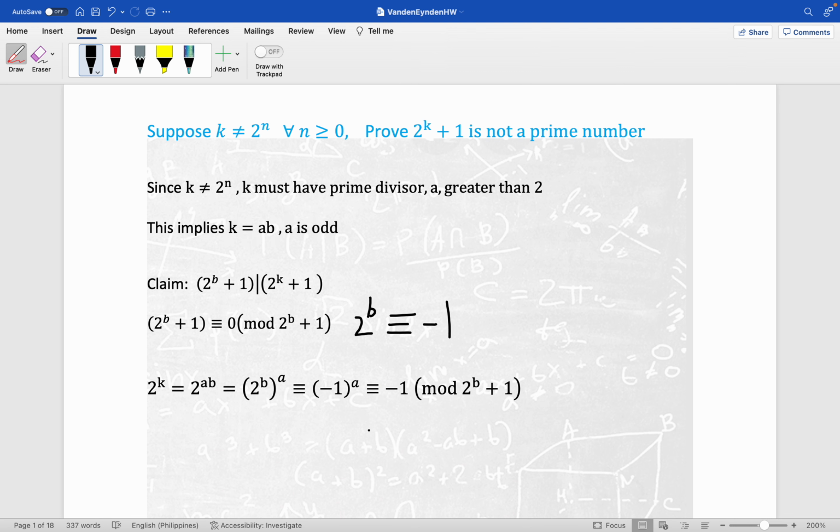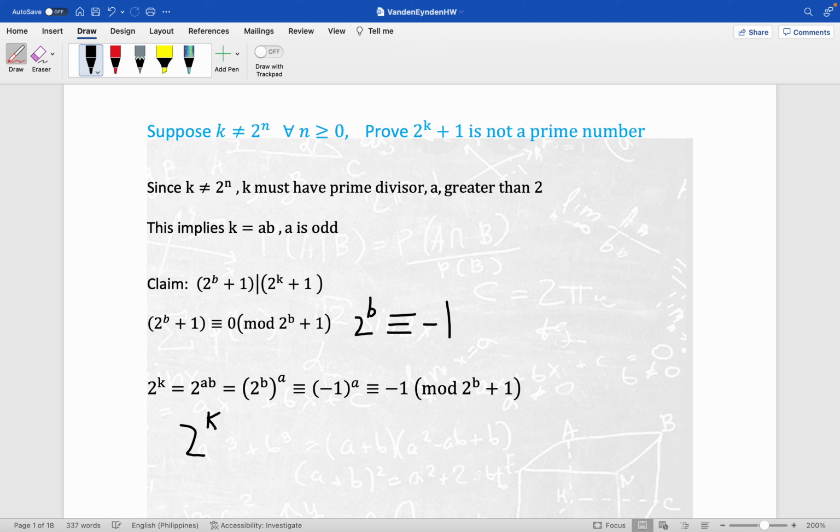Another way to rewrite this congruence, again, you can treat these just like equalities in many cases. You can write down that 2 to the k is congruent to -1.